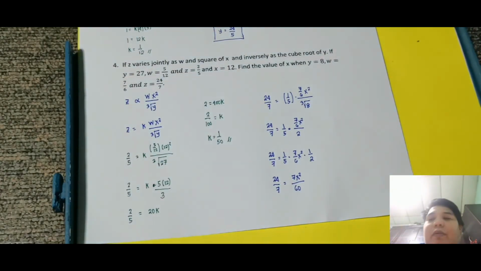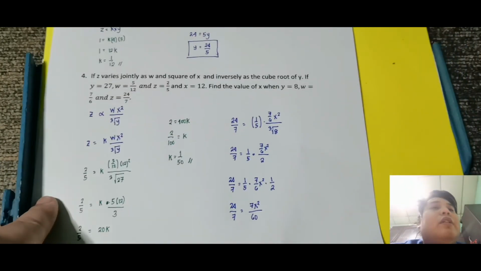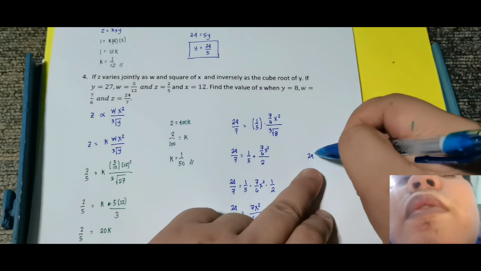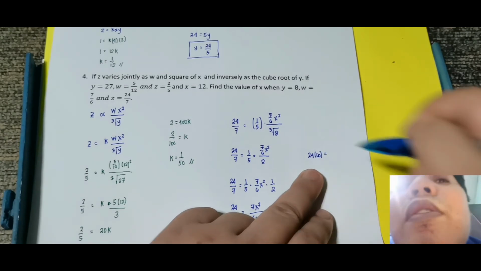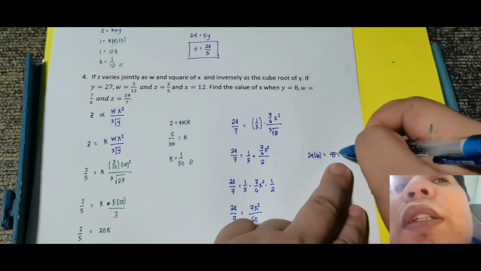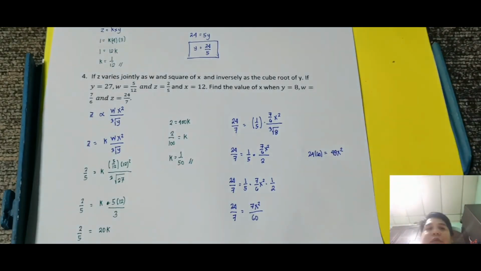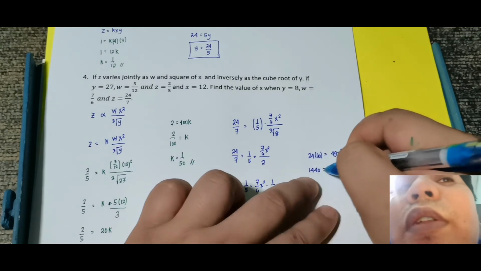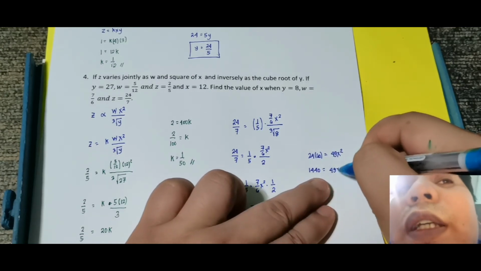Okay, then saka tayo mag-cross multiply. So this is equal sa 24 times 60 is equal to 7 times 7 is 49 x squared. So 24 times 60, that is 1440. So this is 1440 is equal to 49 x squared.